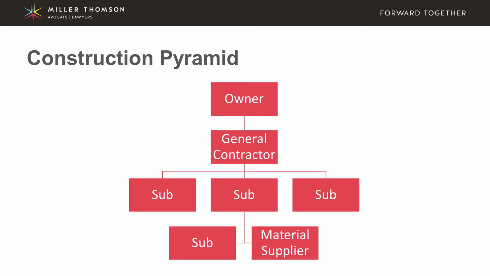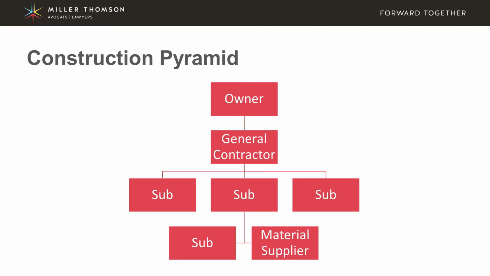In the traditional construction pyramid, you have an owner at the top who retains a general contractor. That general contractor then typically will retain various subcontractors or suppliers directly, but usually it's subcontractors. And those subcontractors can in turn retain other subcontractors and material suppliers.